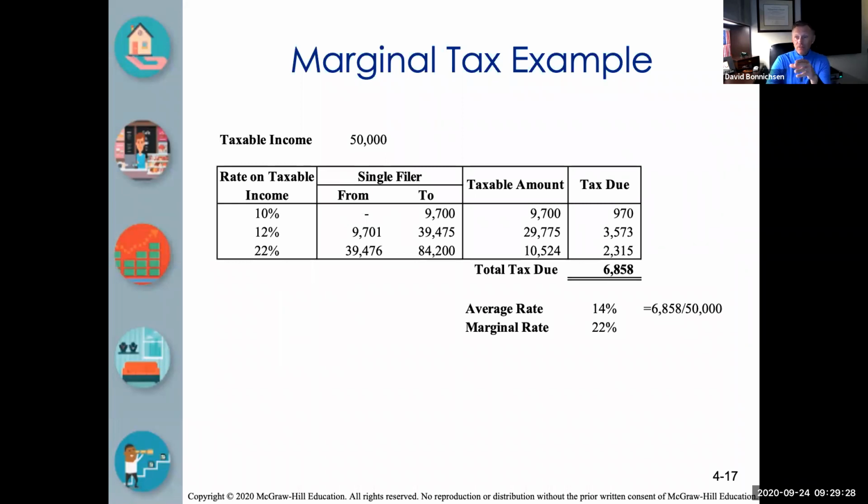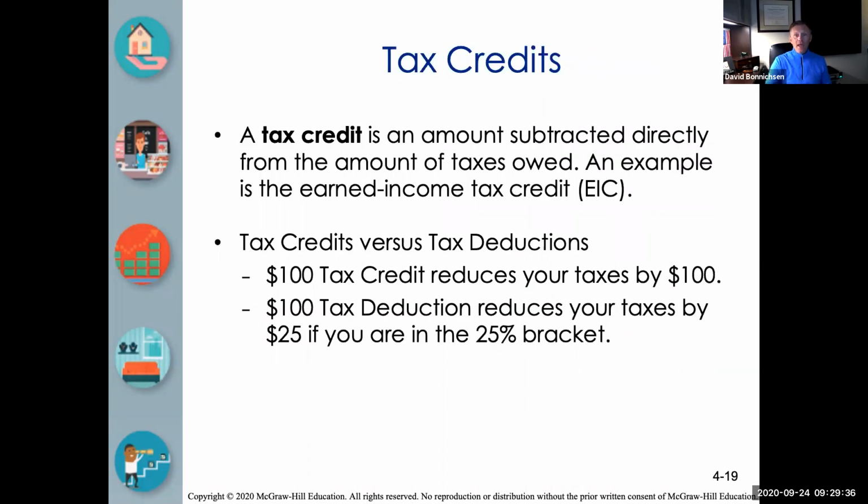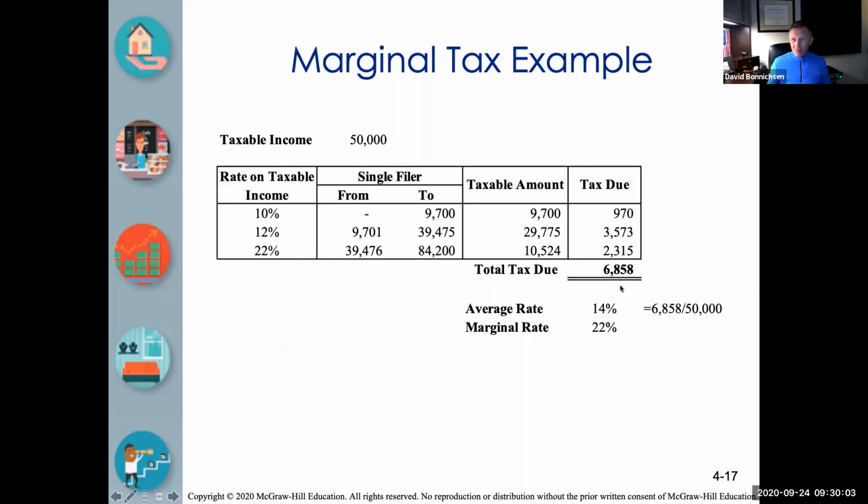So in this example, if we have $6,858, okay, that are due in taxes, all right, and we get a $3,000 tax credit, okay, from the government for buying that fancy Tesla or, you know, BMW i3, okay, or i8 if you're lucky in your future, okay? And the government says, thank you for buying such a green vehicle, we're going to give you a $3,000 tax credit as a result of that, okay? The credit comes off of this number, okay?